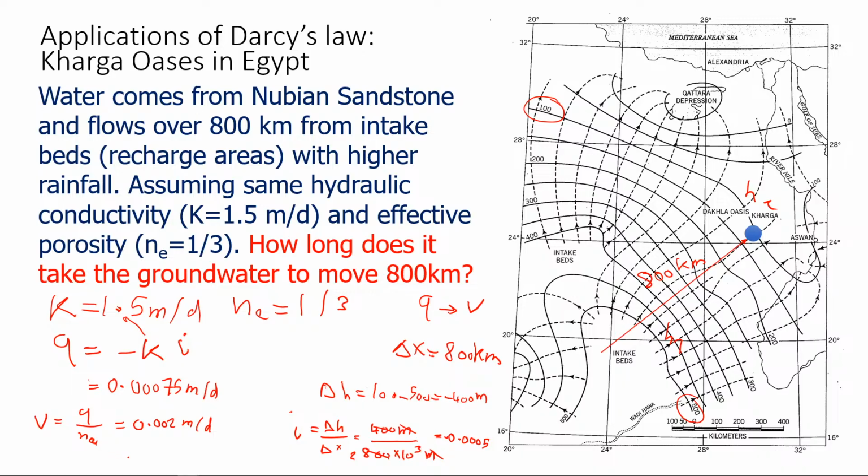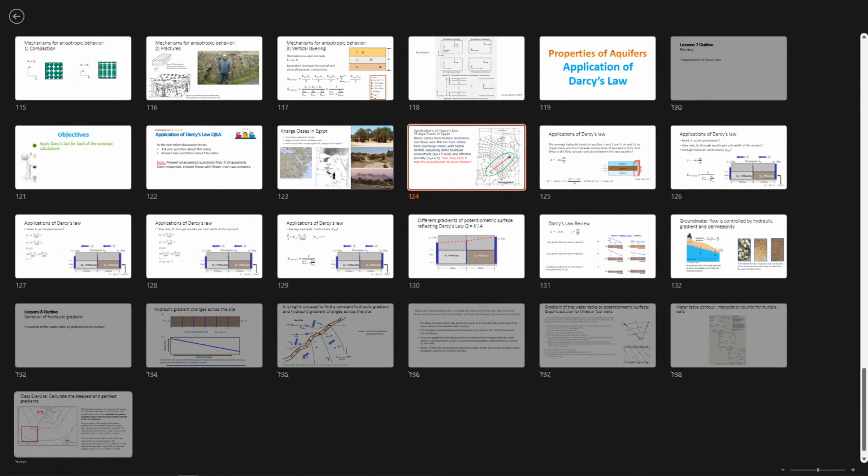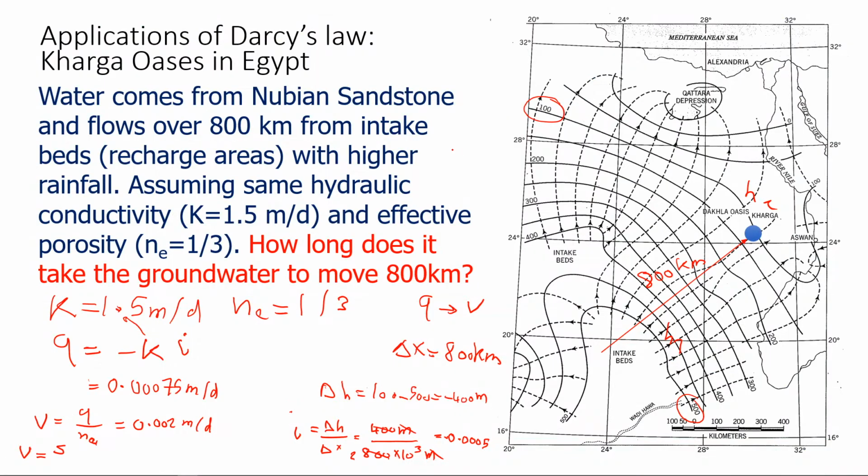Now remember, velocity is distance over time. I want to find time, so time would be distance over velocity.